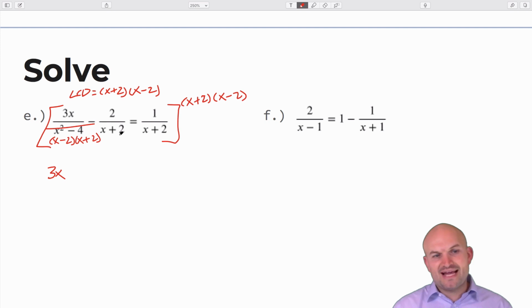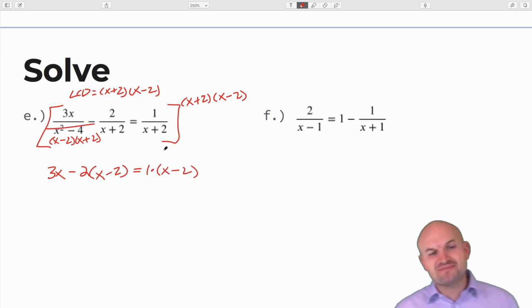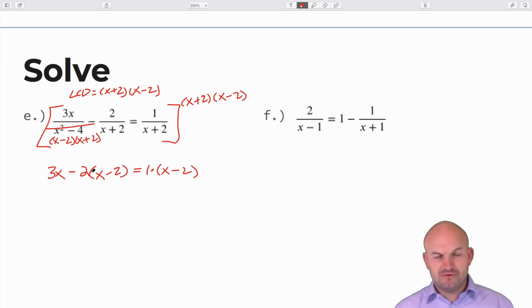Whereas here, only my x plus 2 can divide into that. So therefore, that's going to leave me with an x minus 2. Be very careful to keep check with that negative. So that becomes a negative 2 times x minus 2, right? Because the x plus 2 is divided out. Here again, the x plus 2 is divided out, so I'm left with a 1 times x minus 2. I don't need to be as careful with a 1 as far as my distributive property, but it's very common for students to make a mistake here with that negative 2.